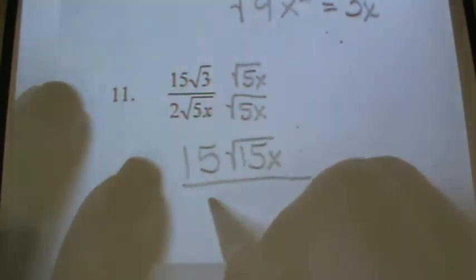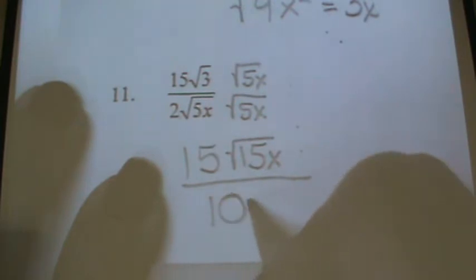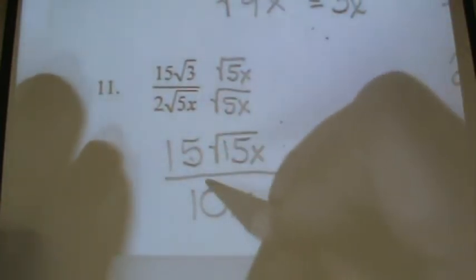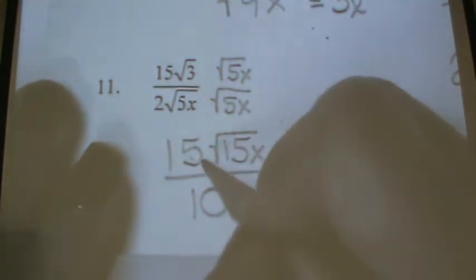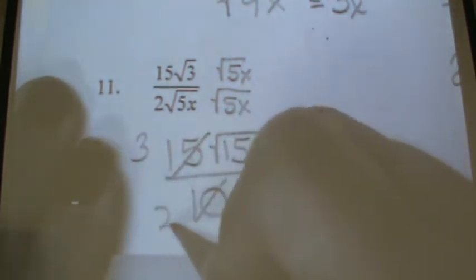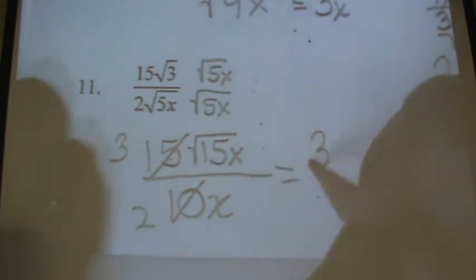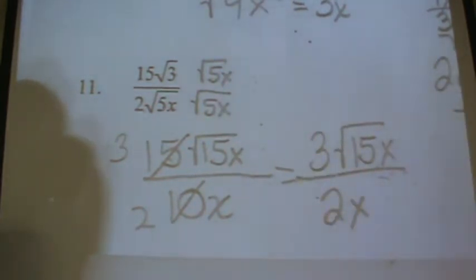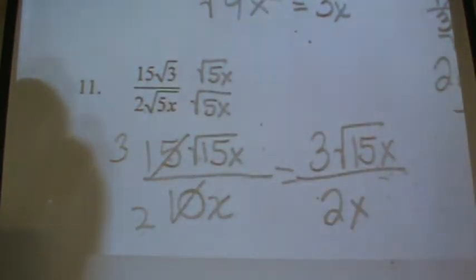And the bottom, we have 2 times 5 times x, which is 10x. Now we can cancel a 5 out of here. 5 goes into 15 and 5 goes into 10, 3 and 2 times. So your best answer is 3 root 15x over 2x.